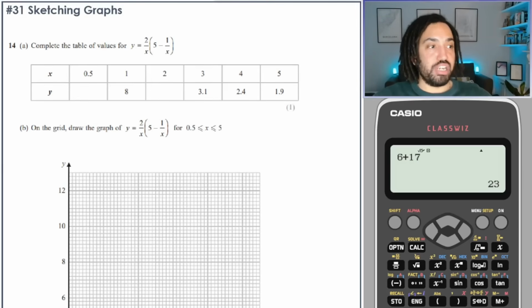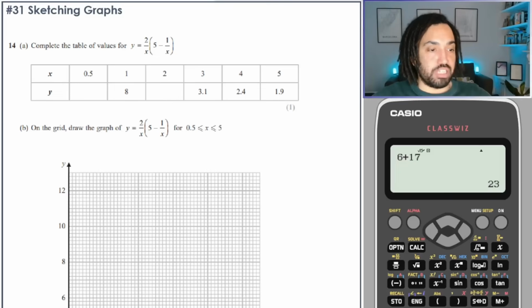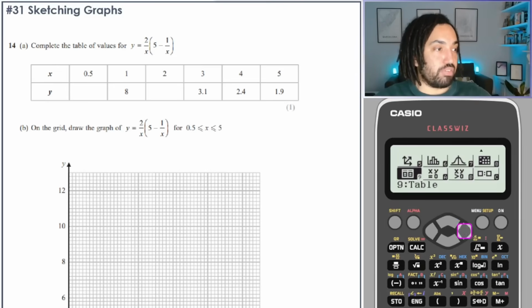Okay, sketching graphs. Tricky one this, but we can use our calculator to help us with all these nasty substitutions, which I recommend given how tricky this one is.